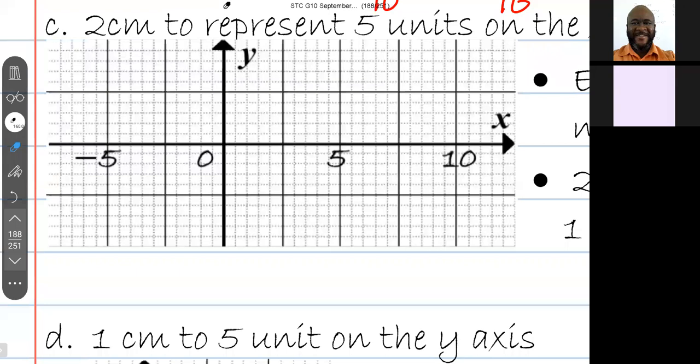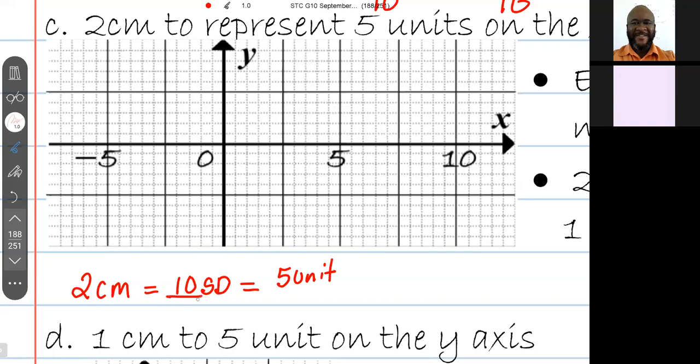All right, so in this instance, 2 centimeters is actually 10 of the smallest divisions on your graph sheet, and the smallest division is at 2 millimeter intervals. The 2 centimeters, which is 10 of these smallest divisions, is representing 5 units.